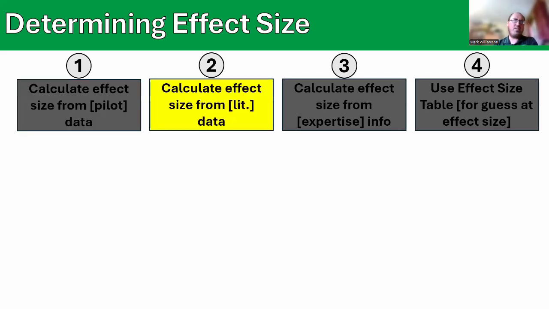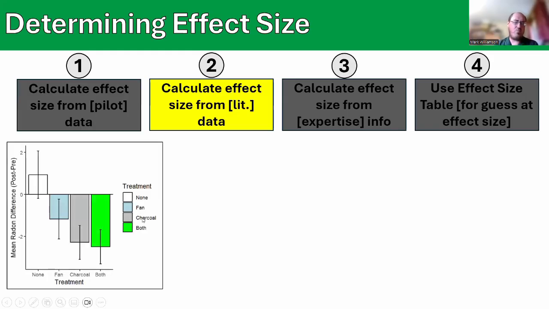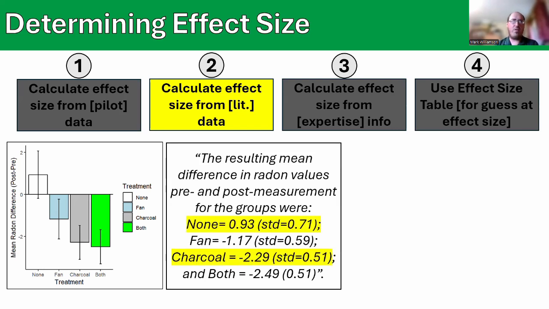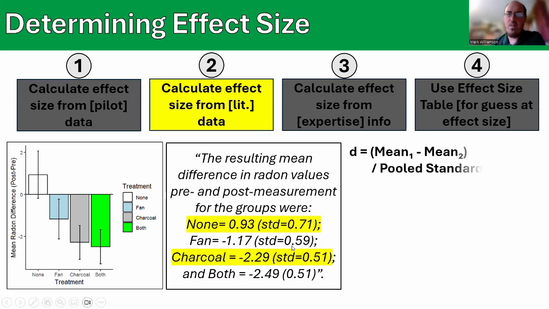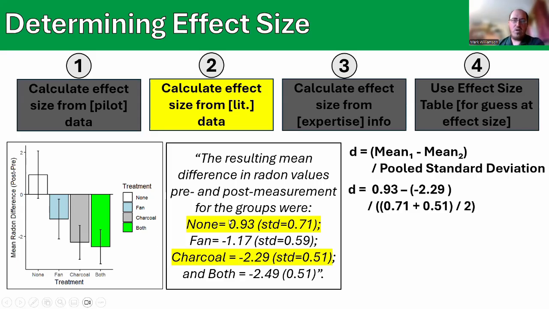So say I didn't actually have the pilot study, but I had a similar study in the literature where I did the same sort of thing with more treatments, but I do still have this gray bar that's activated charcoal, and then the white is the none, the blank. And maybe I thoughtfully wrote that up in a way that a statistician could pull out the information and my means and standard deviation so I can calculate effect size. So again, difference in means, 0.93 and negative 2.29.